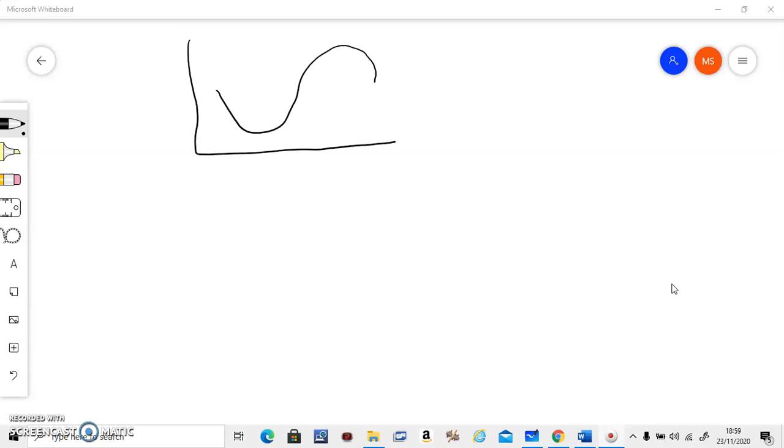Okay, so consider this graph. Now if you consider the slope of the tangent line at each point, you will see that the slope is increasing, because here it is negative, then it's getting closer to 0, then it's becoming positive, and then something happens at this point where it starts to become negative again.